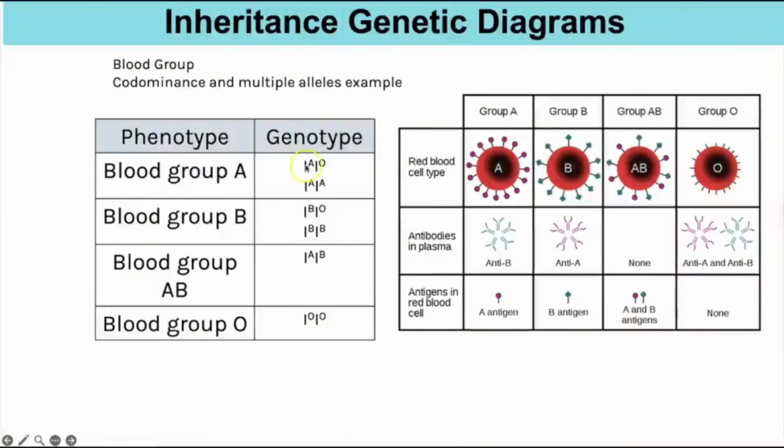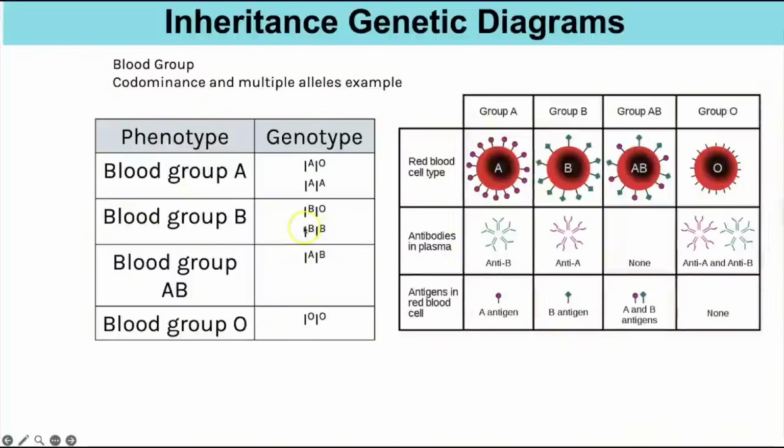And the genotypes for this are, to be blood group A, you could either have two copies of the dominant A allele, or one copy of the dominant A and one copy of O, because blood group O is a recessive allele.